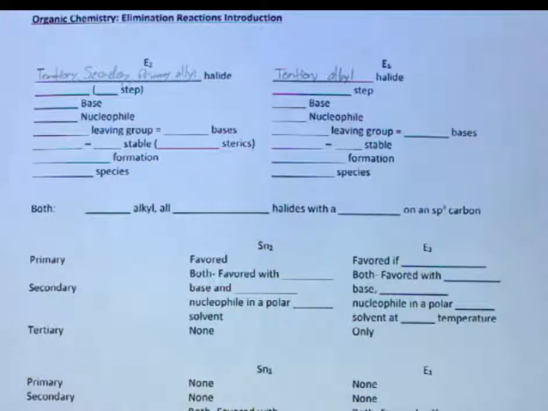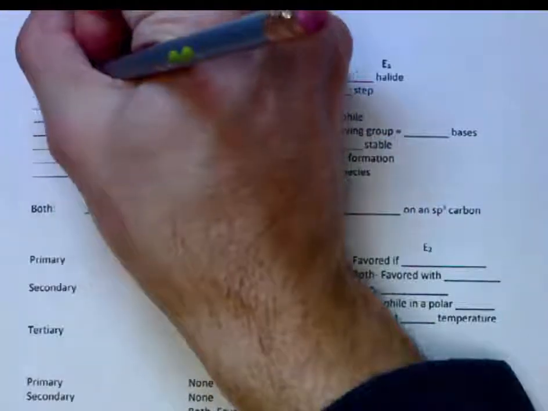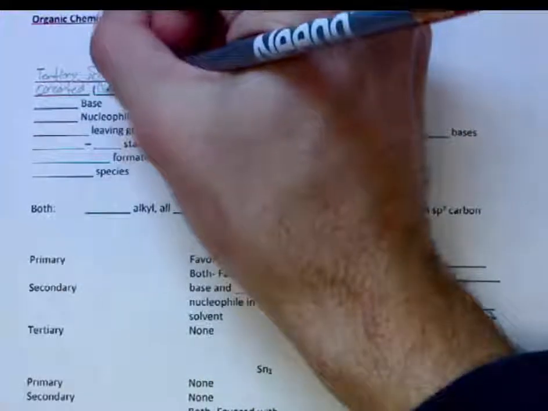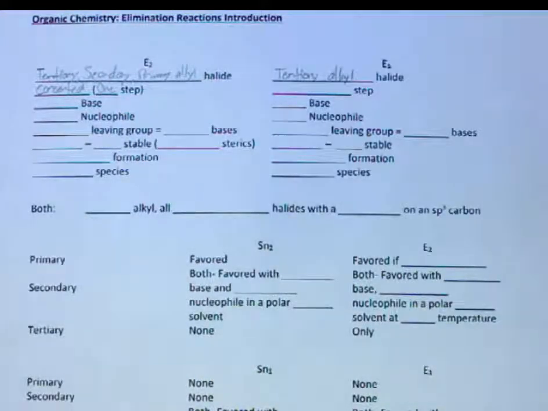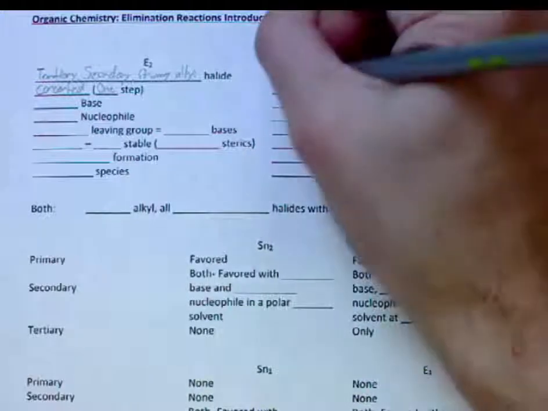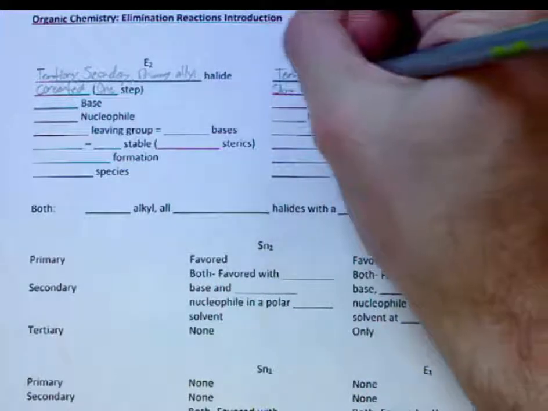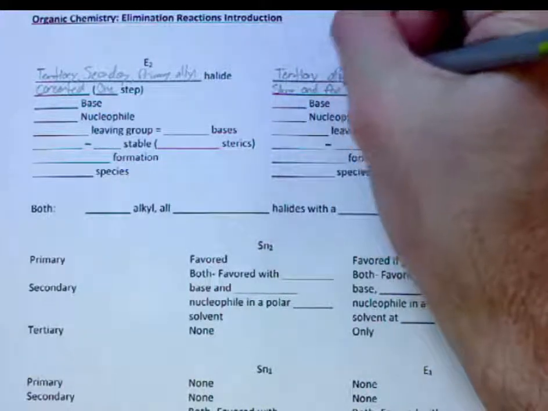Just like SN2, E2 is also a concerted reaction where there's only one step, and for E1, there's going to be a slow and a fast step.